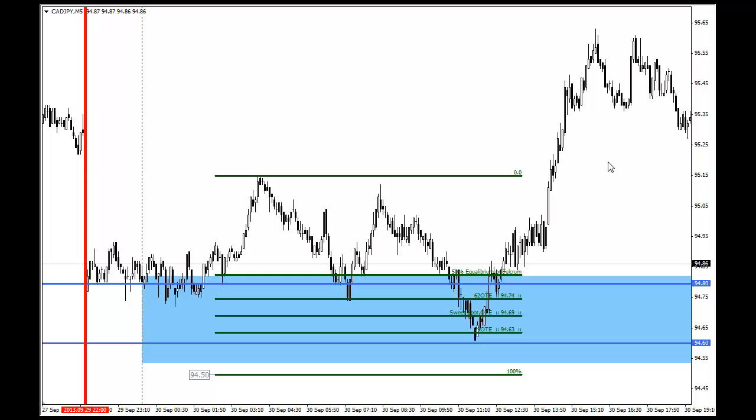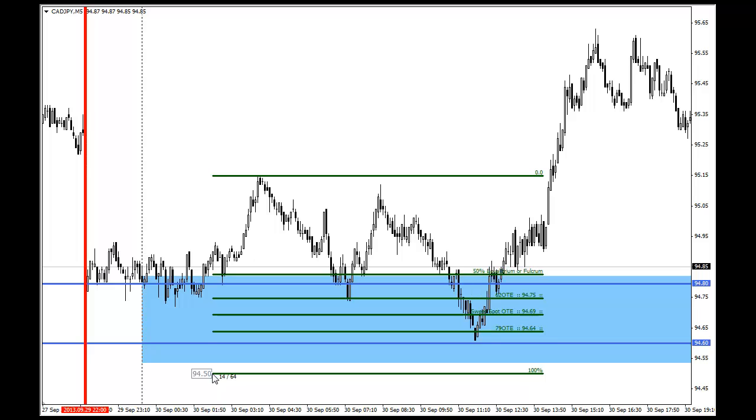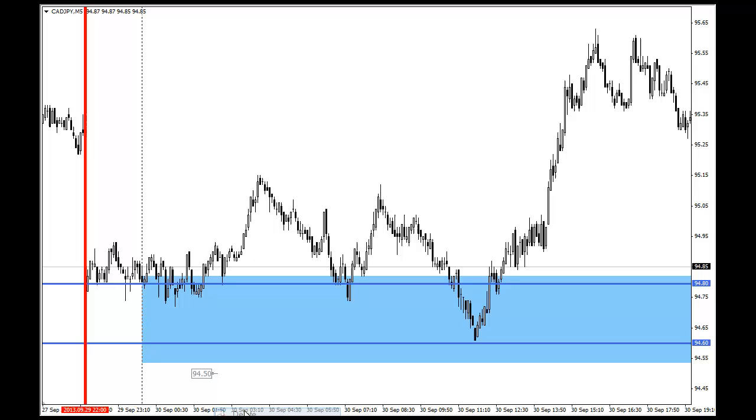Okay, this is again a pair I don't trade, but you can still utilize this application on any pair of your choice. But again, because I know this probably went over a lot of your heads, and I don't mean to be a braggart, we're gonna go through the process one more time and explain what I'm doing. Price is trading around into an area where an order block on a higher level time frame suggests that we may see a bounce.